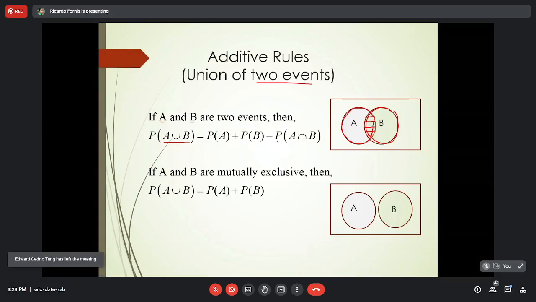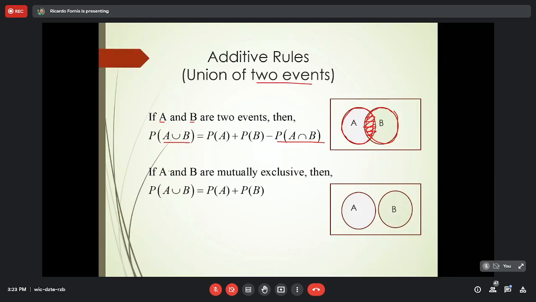So you have to subtract one of it. So the formula is now probability A union B equals probability A plus probability B minus the probability of the intersection of the two events, or the probability of this particular space.